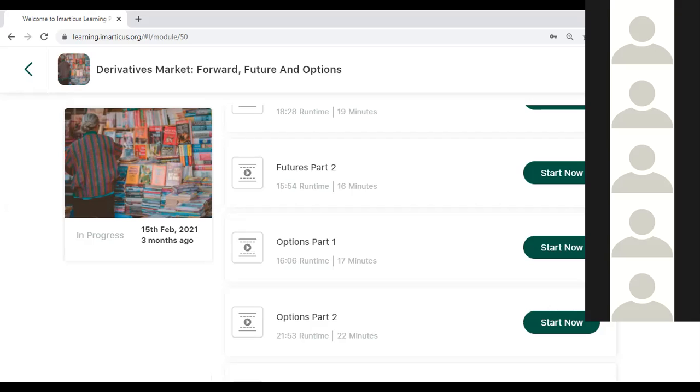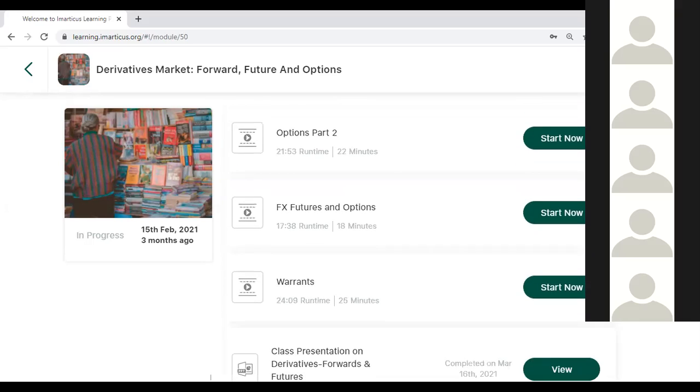That way it may give you more questions for discussion in the class. That is another way you can prepare. You can come ready, right?